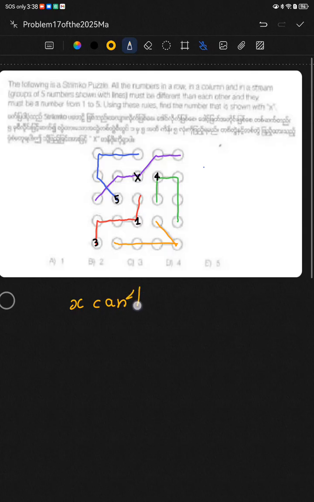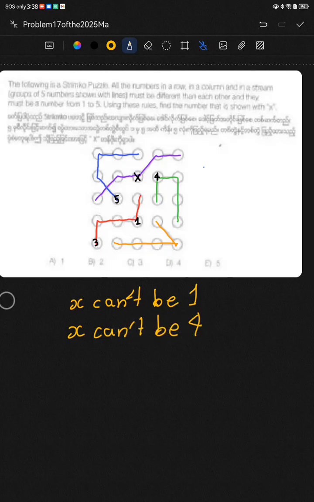So we can eliminate 4 and 1 from the multiple choices given here. The possible values of X left are 2, 3, and 5.